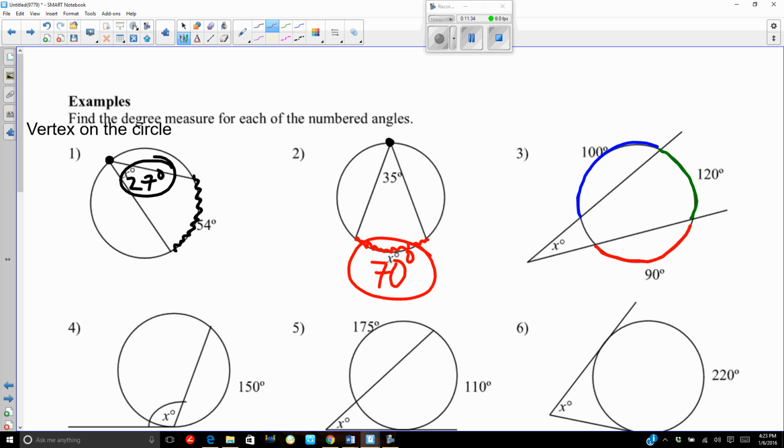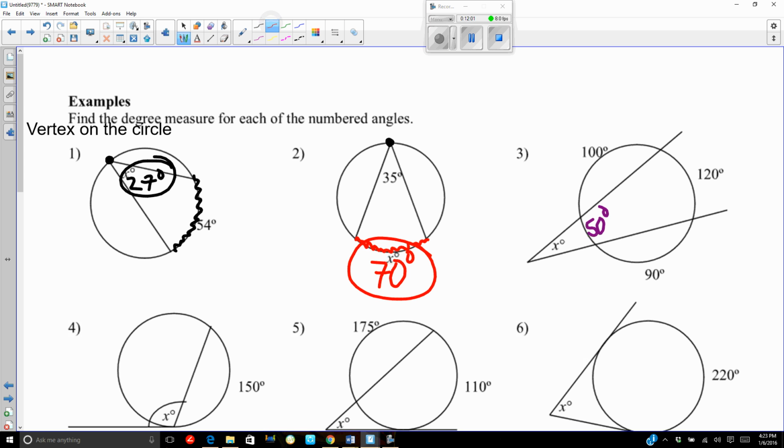I should be able to find this last piece right here by adding these 3 measures up and subtracting from 360. So go ahead and do that. So if you can read my writing there, 50 degrees, add them all up, subtract from 360, that piece is 50. So now we want to find x.